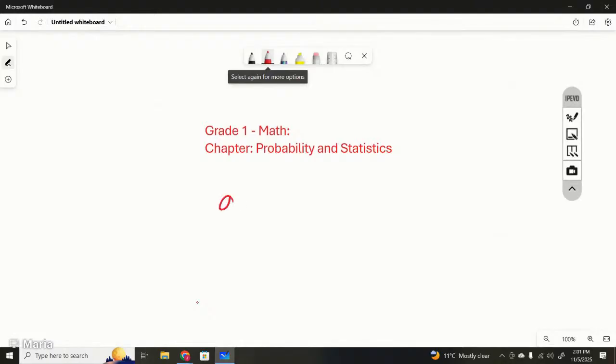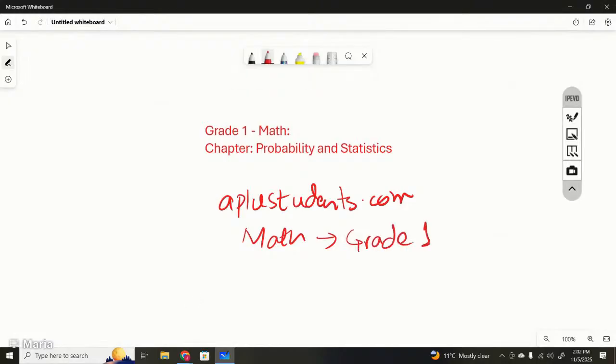You have to log in there using your email address and password as provided by the administrator. Then you have to select math from the subtab. Scroll down to grade 1 math and then click on view all lessons. There you can find a list of the chapters.